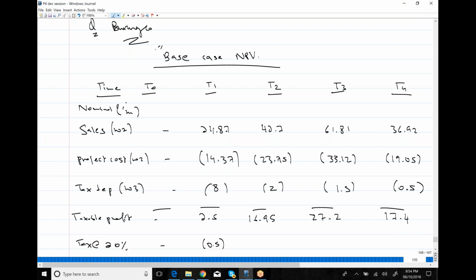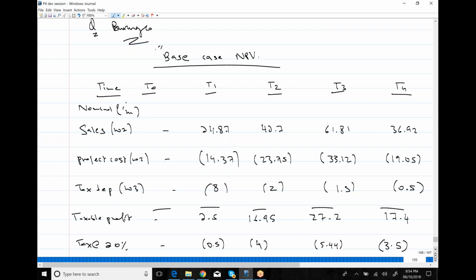Point 0.5. Then it is around 4. 5.44, 3.5.